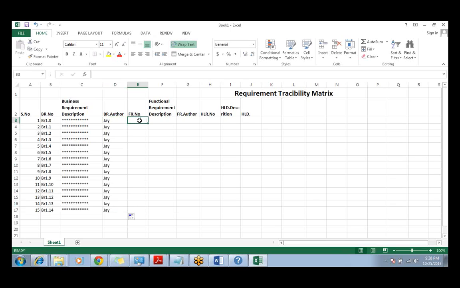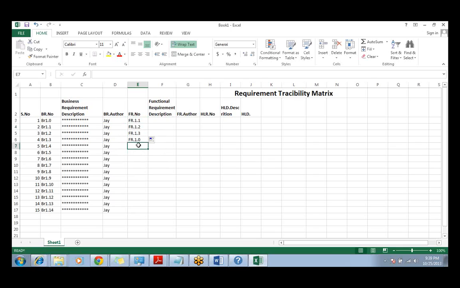Now the functional requirement document, okay? So this is FR 1.1. When you are writing the FR, you could have something like this.